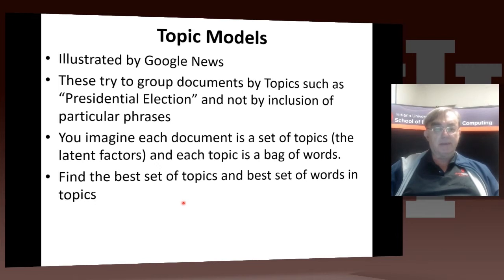And there are things like LSI or LDA, latent Dirichlet allocation. They are algorithms which find the best set of topics and the best set of words in the topics, starting with actually the same thing we always start with, a corpus of documents where each of the documents is represented by its words or tokens.